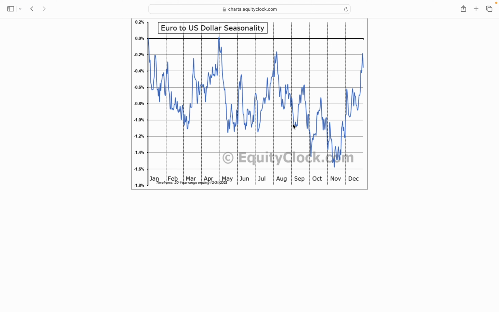At the end of a quarter, things change. See how the quarter ends in September? The beginning of a new quarter, things change. That's why the timing element is the most important part of the system.